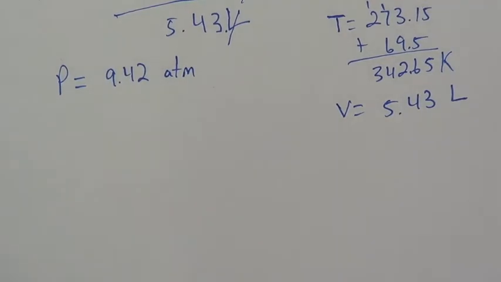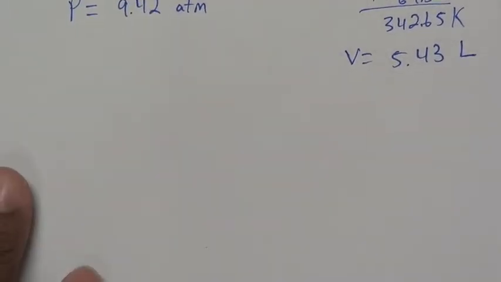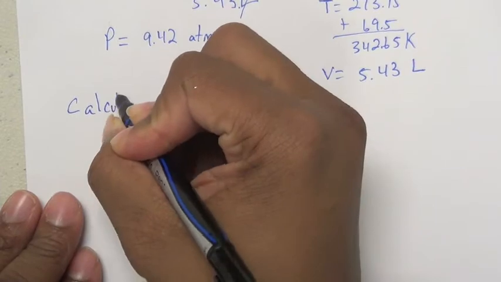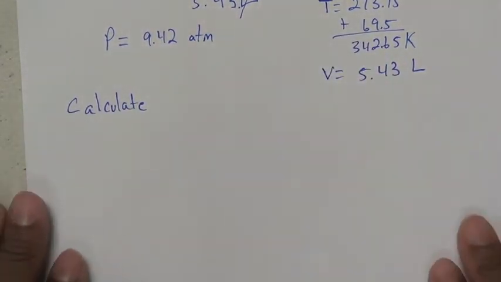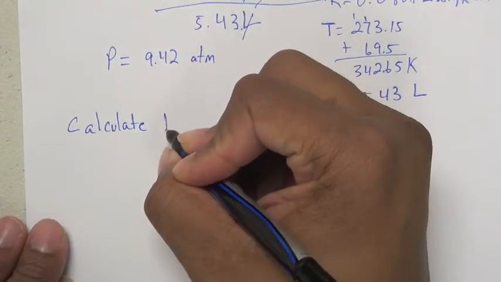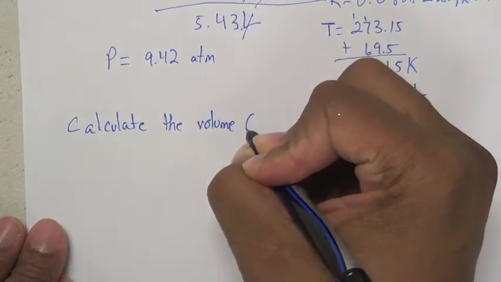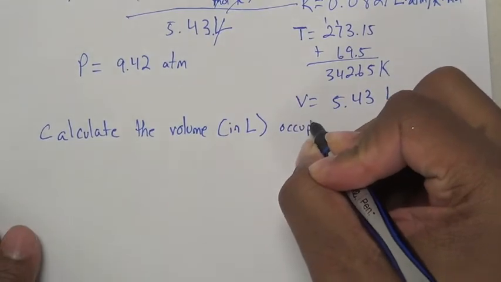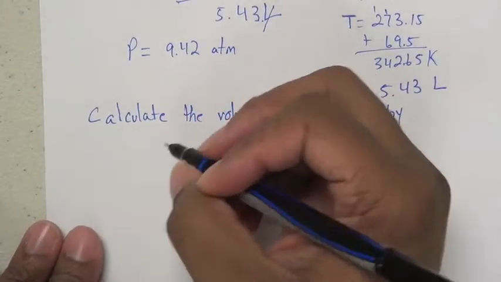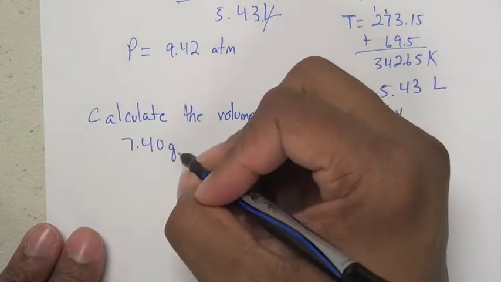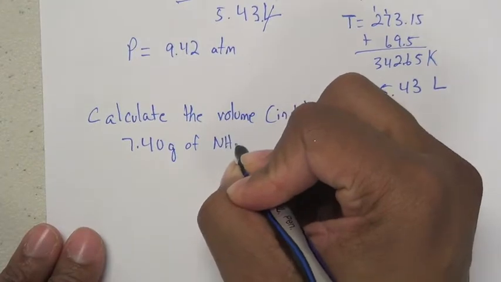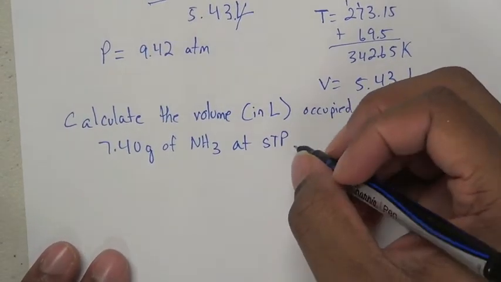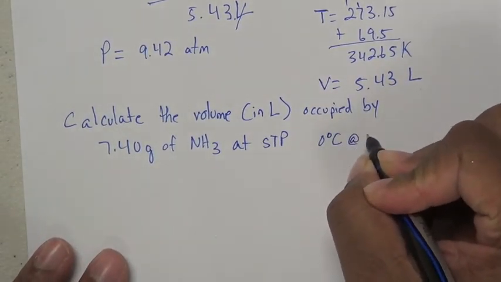The problem states: calculate the volume in liters occupied by 7.40 grams of ammonia, NH3, at STP, and that's standard temperature and pressure, which we know is 0 degrees Celsius at 1 atmosphere.